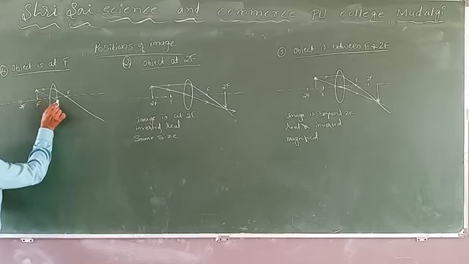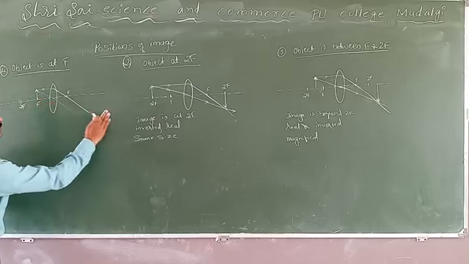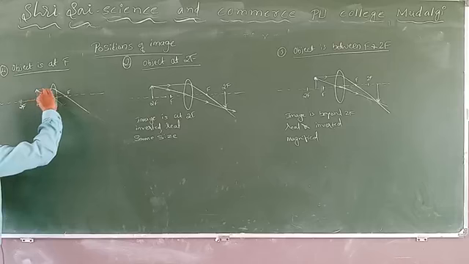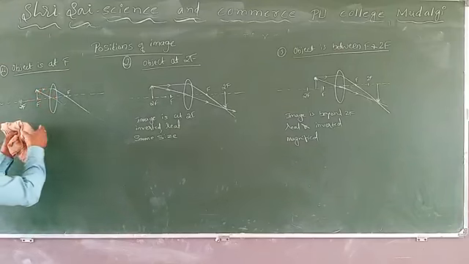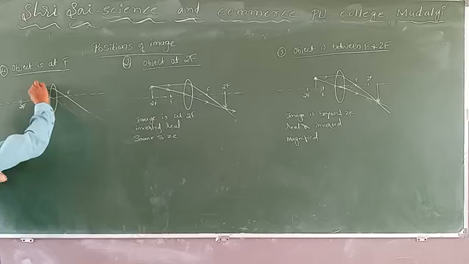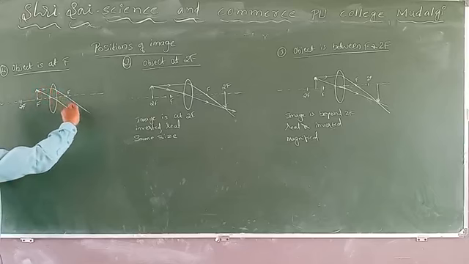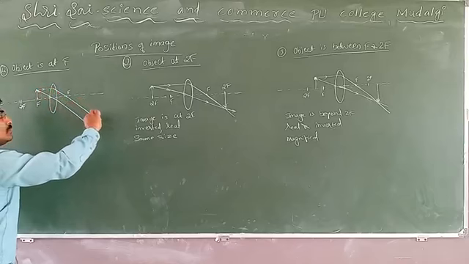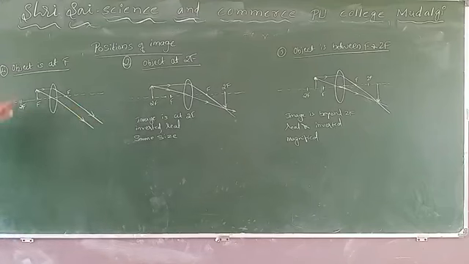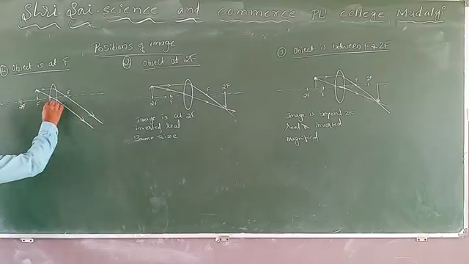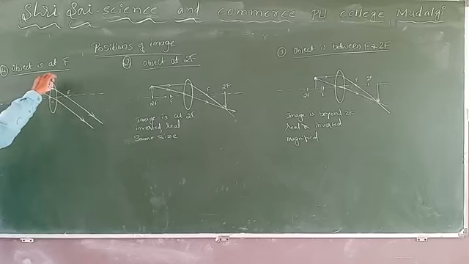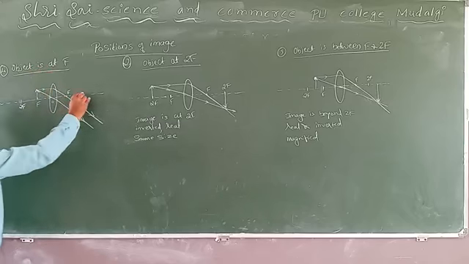Next, if I pass the light through the optical center O, then it will move without deviation, and when the light is parallel to the principal axis, it will cut that f. 2f is here.